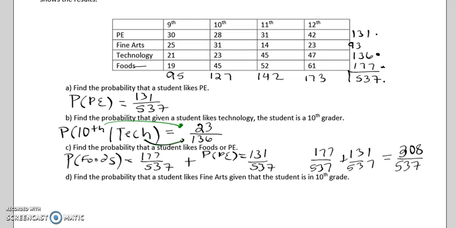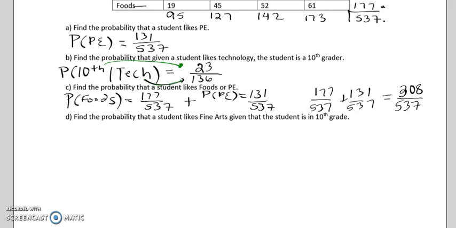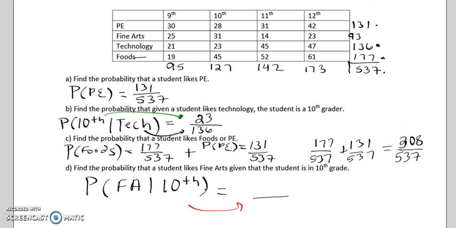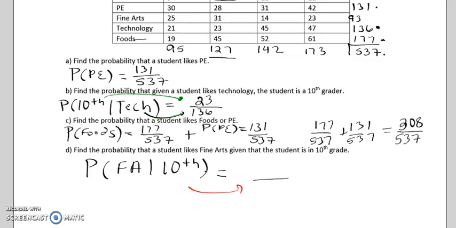All right, and last, find the probability that a student likes fine arts, given you're in 10th grade. All right, again, the number of people in 10th grade is going to go in the denominator. So how many people do we have that are just in 10th grade? Here's my 10th grade column, and we have 127 10th graders.